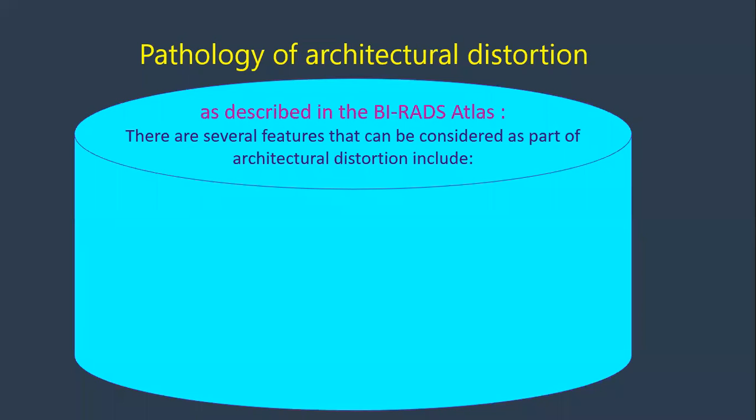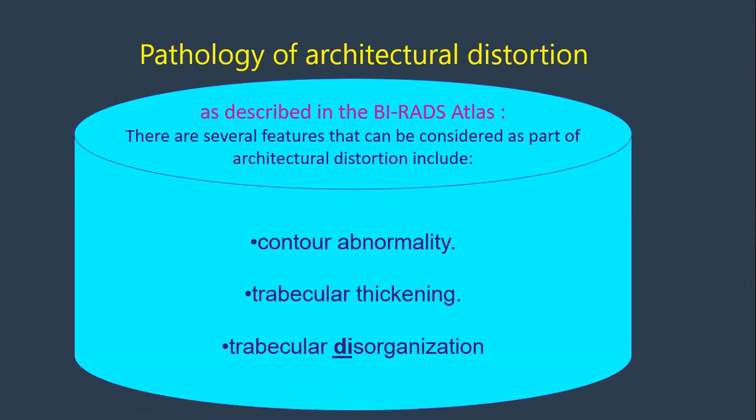What is the pathology of architectural distortion? As described in the BI-RADS Atlas, several features can be considered part of architectural distortion, which include contour abnormality, trabecular thickening, and trabecular disorganization.